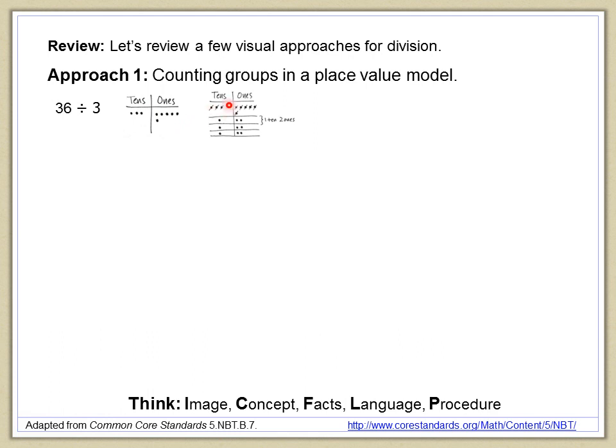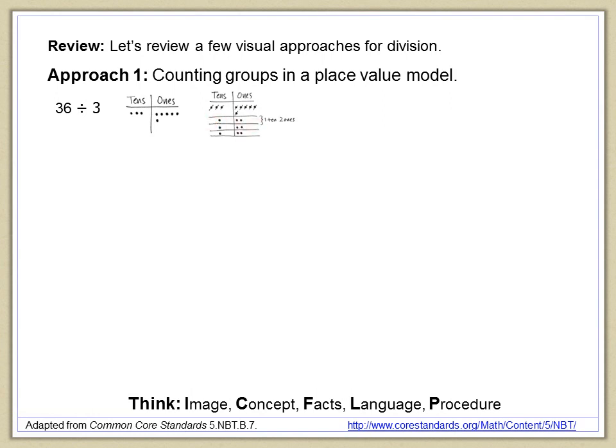When we take the 3 tens and break them into 3 equal groups, we get 3 groups of 1, and these are the 3 tens in our 36. With the ones, we can break them into 3 groups of 2, and we have 3 groups of 2 ones.